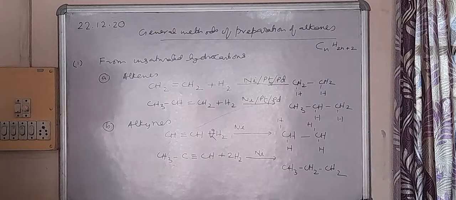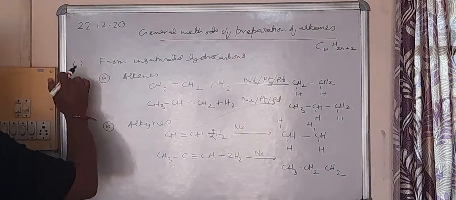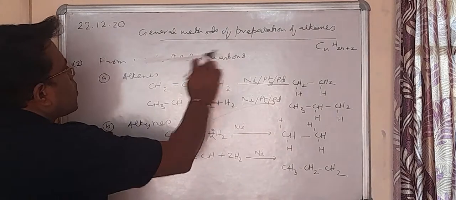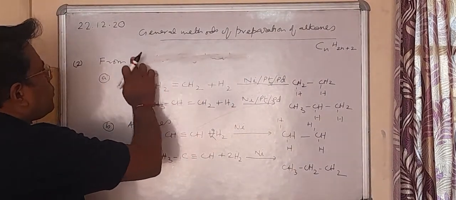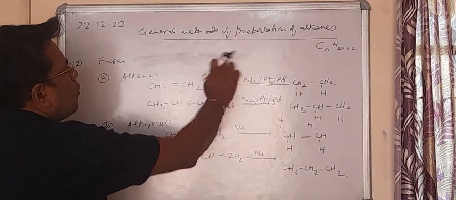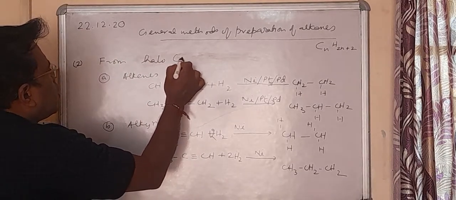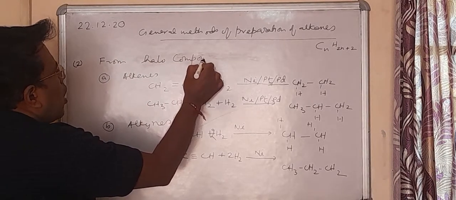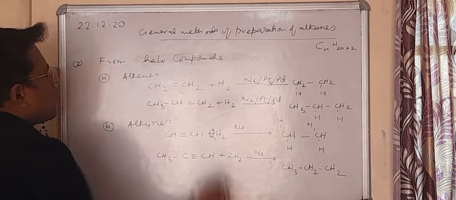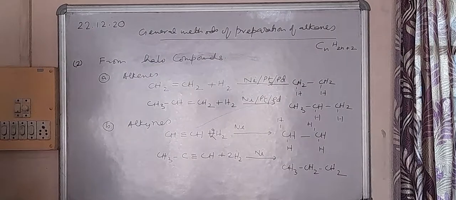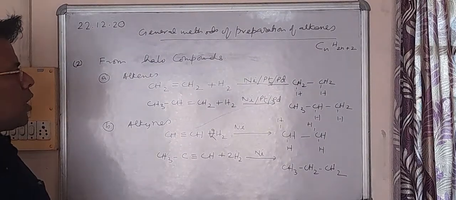Now second method that we are going to discuss is from halo compounds, organic compounds where halogen is present. From such compounds also we can get alkane.